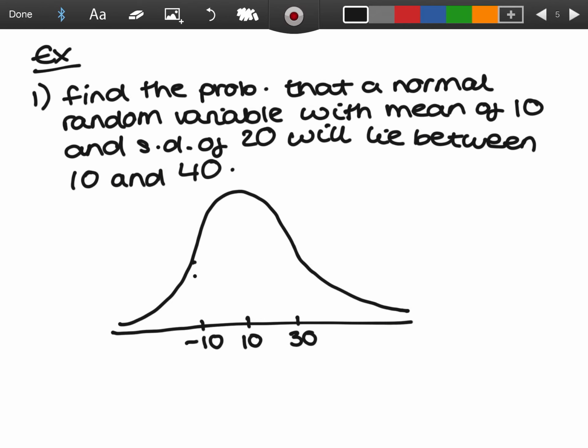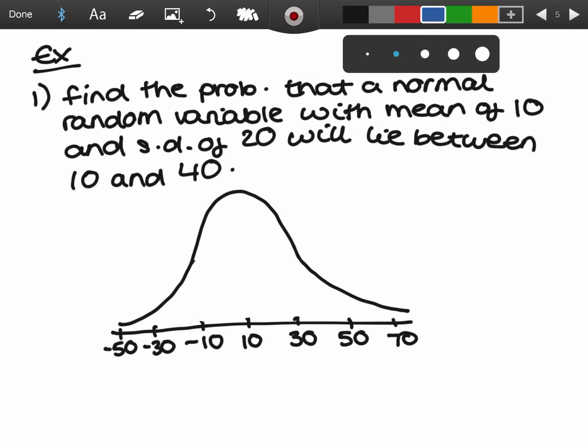Okay, between -10 and 30, I should have roughly 68% of my data between those two values. Okay, let's add and subtract another multiple of the standard deviation. So between 50 and -30, I should have roughly 95% of my data. And one more. Between -50 and 70, I should have 99.7% of my data. So almost all of my data lies between those two values. Okay, let me get rid of those lines for a second.